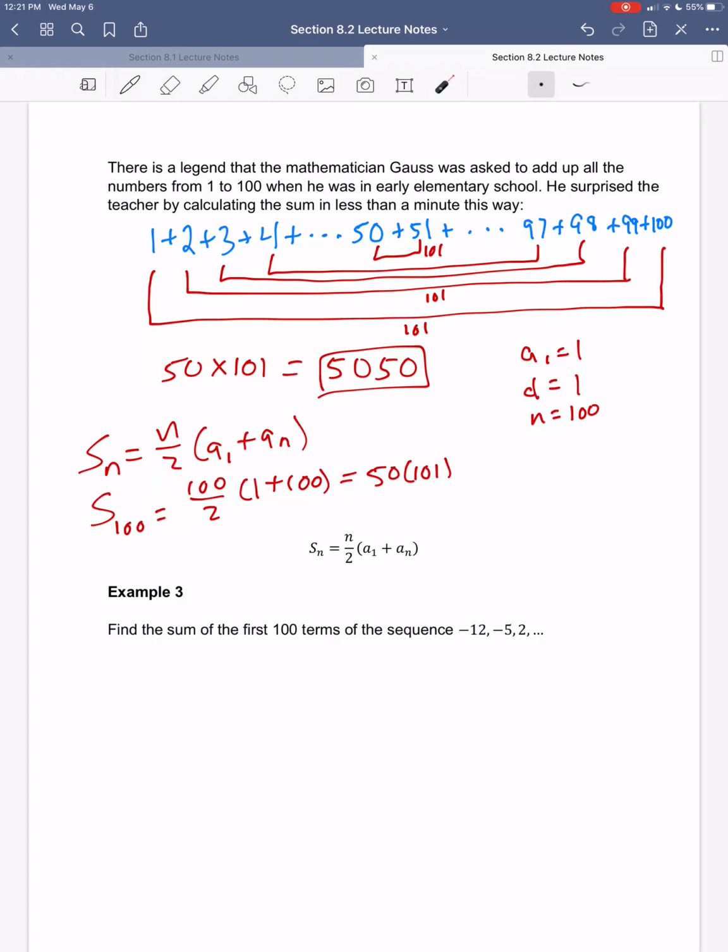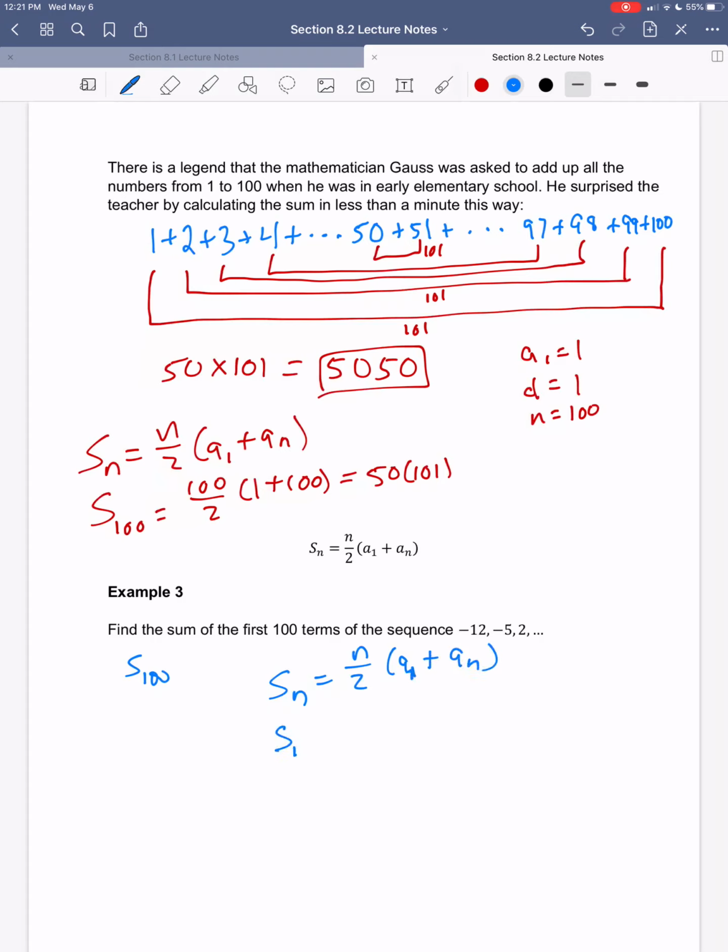So this example then, find the sum of the first 100 terms of this sequence. Now, the problem is here, when we did the 100 terms and I used this formula, I knew what a sub n was. For this problem, the sum of the first 100 terms is going to be S sub 100. So I'm going to need to use S sub n, which is n over 2 times a sub 1 plus a sub n.